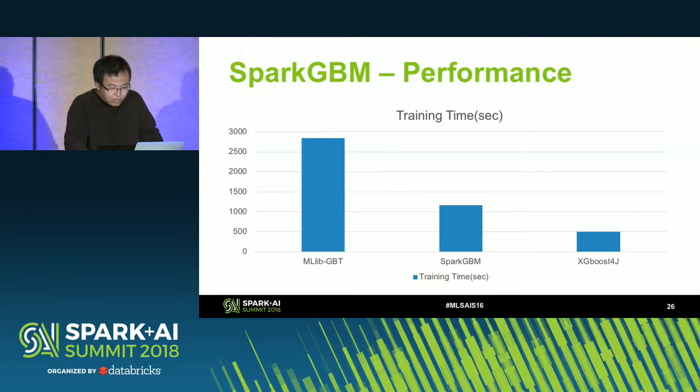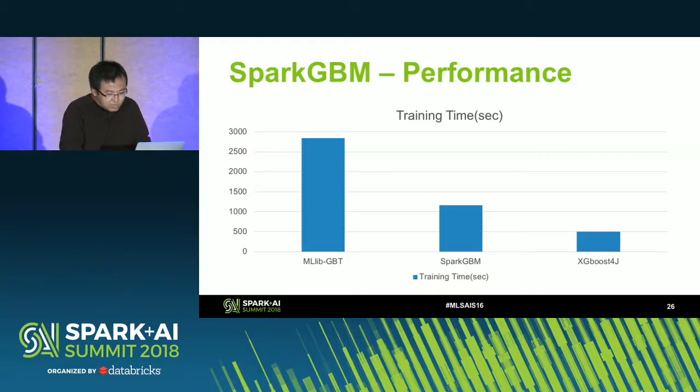We test all the implementations on a dataset of about 110 million samples. We use 1,000 cores and 10 terabytes of memory. We can see that our Spark GBM is about 2 to 3 times faster than current GBT.